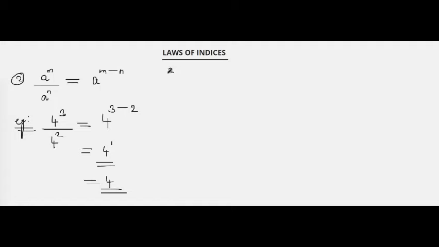The third law states that a to the power of m raised to power of n simplifies as a raised to the power of m times n.